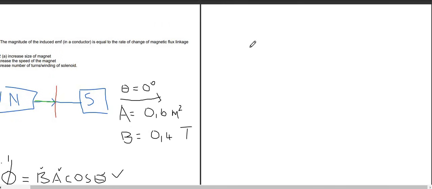So we say, okay, I know an equation that involves the number of turns, the one we described there, that the induced EMF, this Greek letter epsilon, is equal to the negative of the number of turns multiplied by the change in the magnetic flux linkage, that circle with a line over it, Greek letter psi or phi, it doesn't matter, divided by the change in time, right? And the question wants you to calculate this.